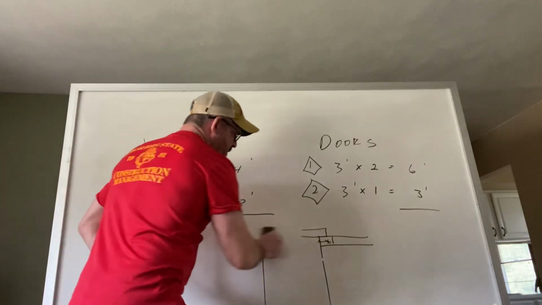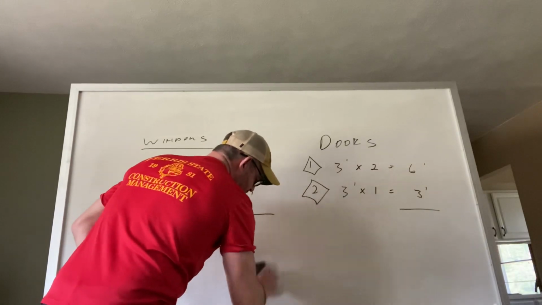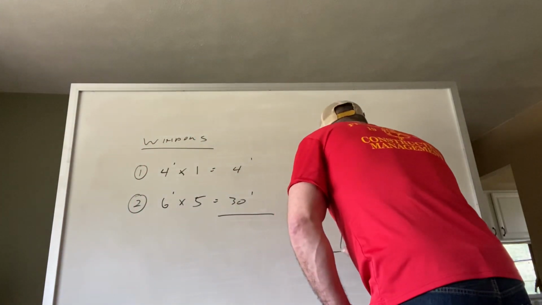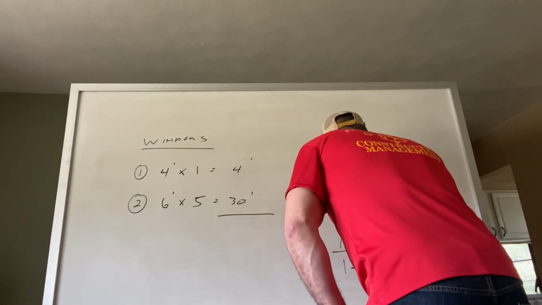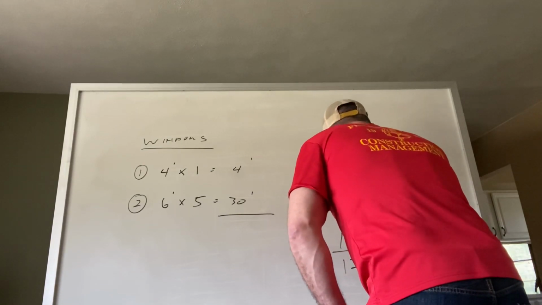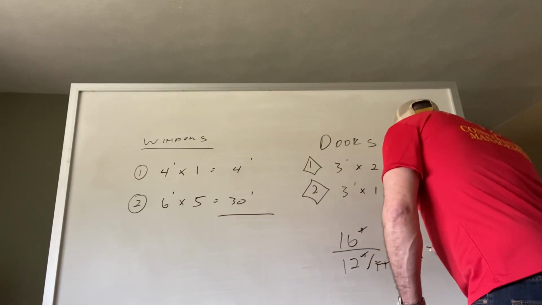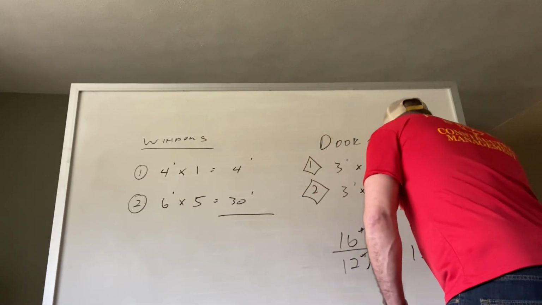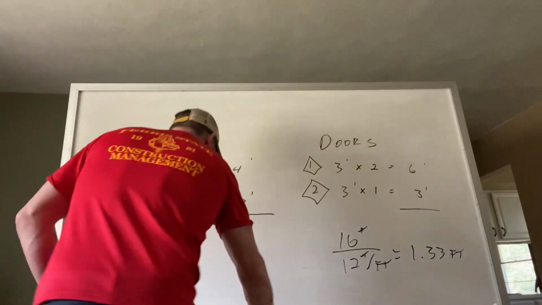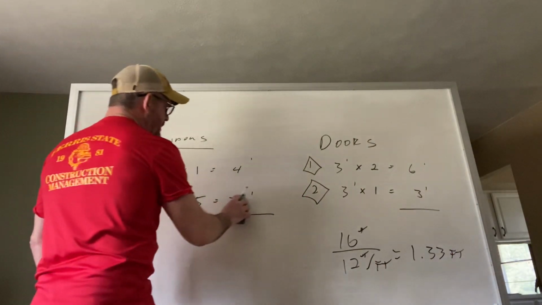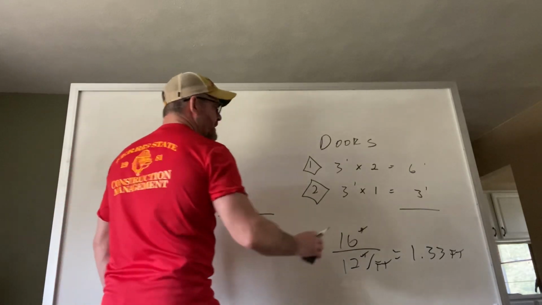So again, we see that we have a conversion factor. What do I have to do? If I've got 16 inches, I have to divide that by 12 inches per foot because I need to be in feet in order to add it to feet. And that gives me 1.33 feet. So I have to add 1.33 to this and rework my math.